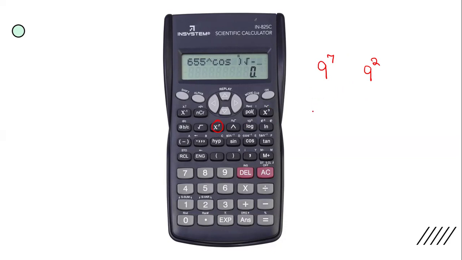So we click the number, in this case 9 again, and then we click our x squared button. And finally, the equal button, or depending on the calculator, enter.